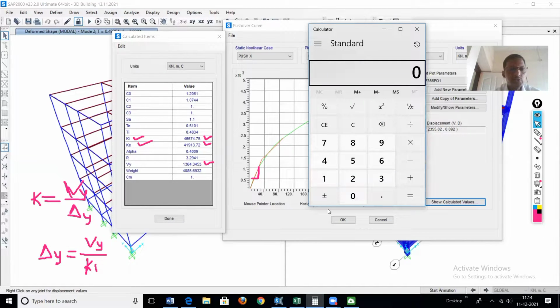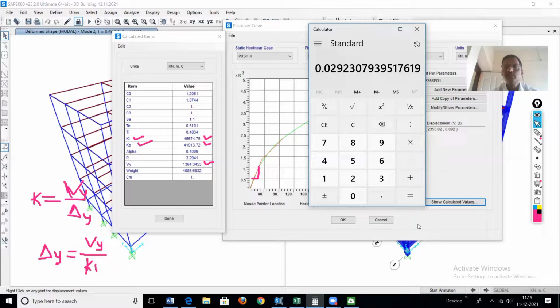Vy is 1364.34 divided by Ki, 46674.75, equals this much.